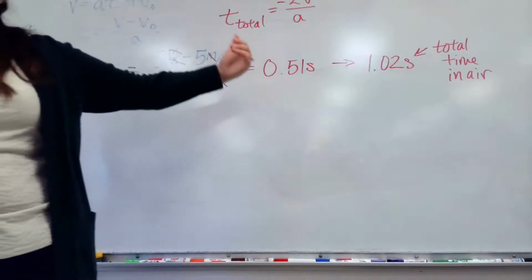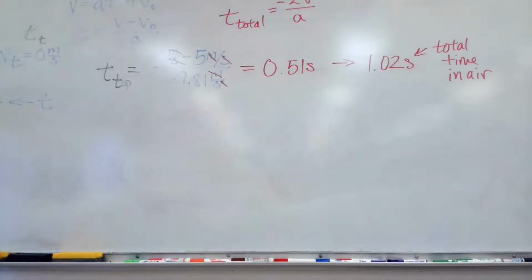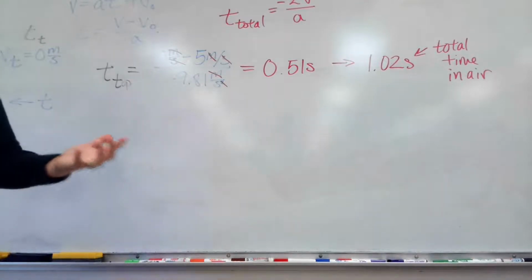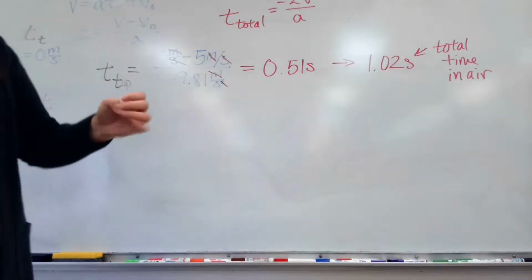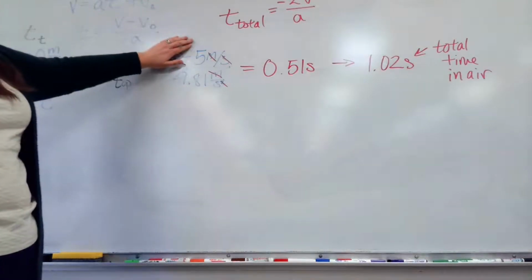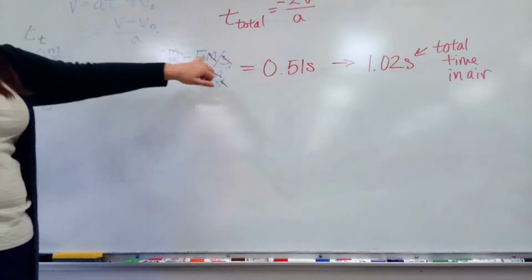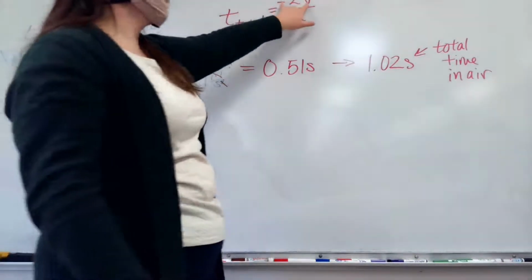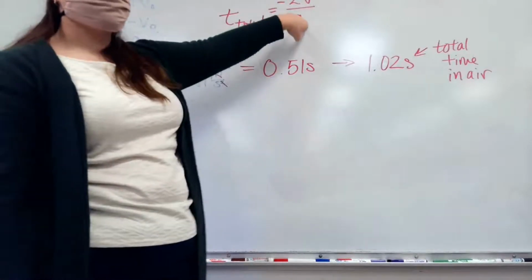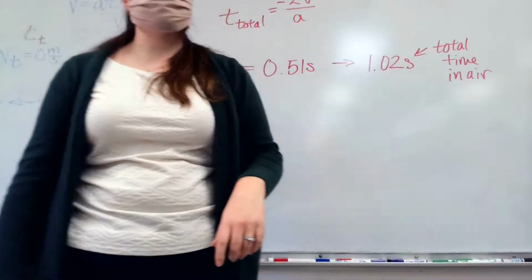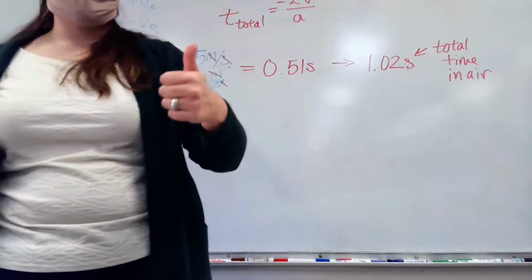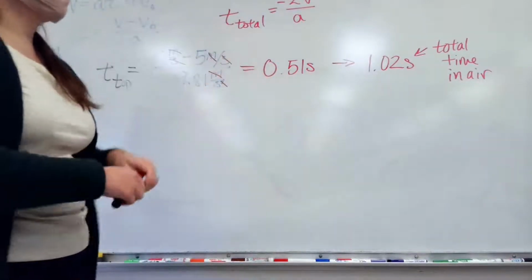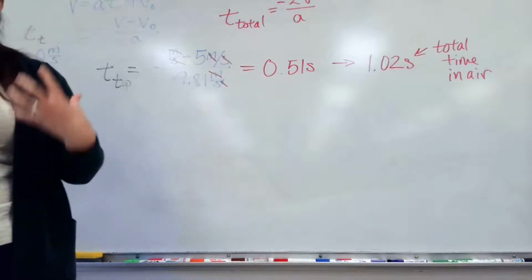And if we are looking at this as the time to the top, that top value is always going to be 0 every single time, because that's essentially how we've defined it, right? So that top value is always 0, so we can just get rid of it, okay? So here, we've got our negative v, and that's here. We've got our acceleration on the bottom, and then we multiplied it by 2, right? Yeah? So this is going to be your total time. It's kind of a shortcut equation.